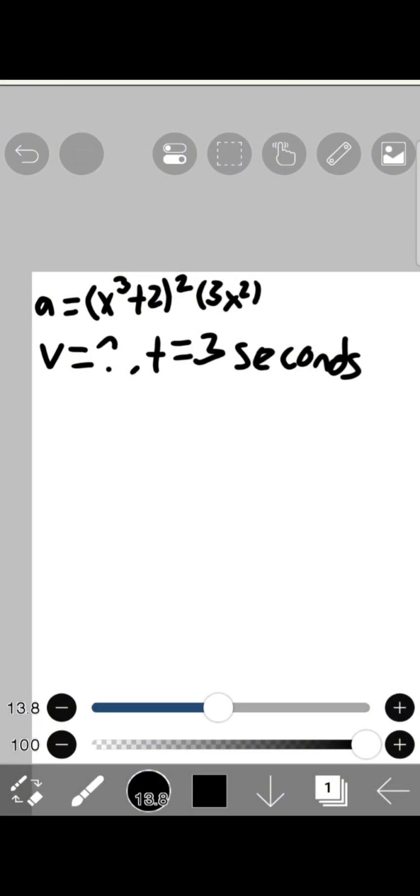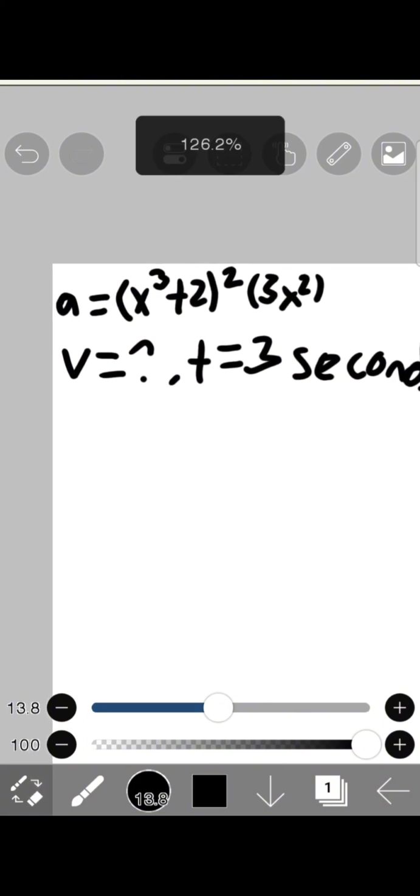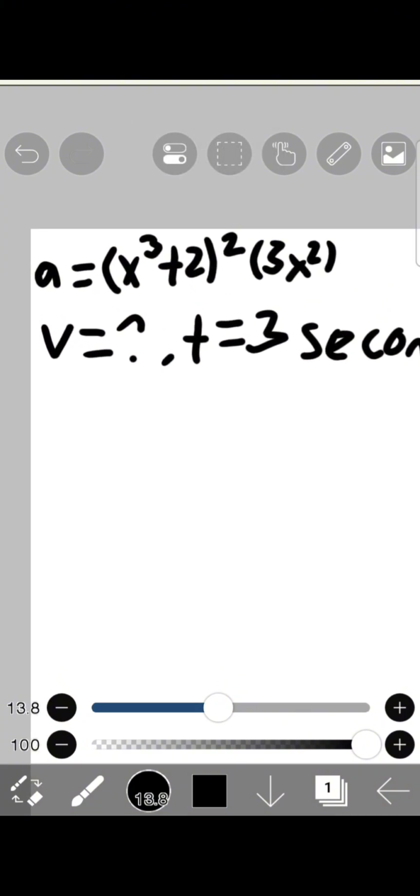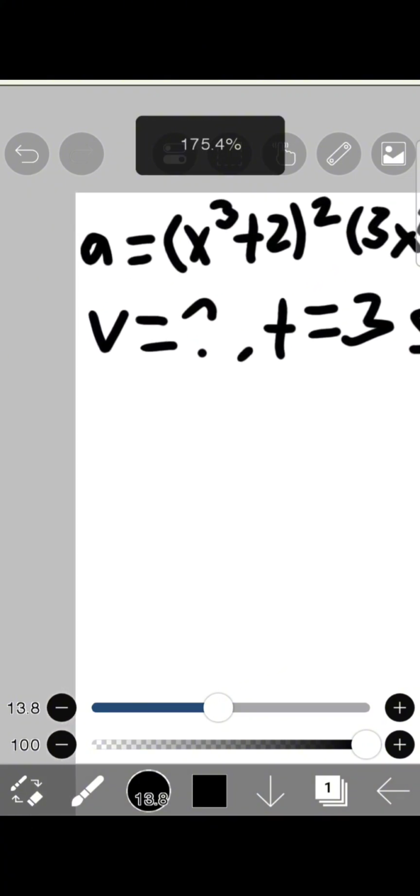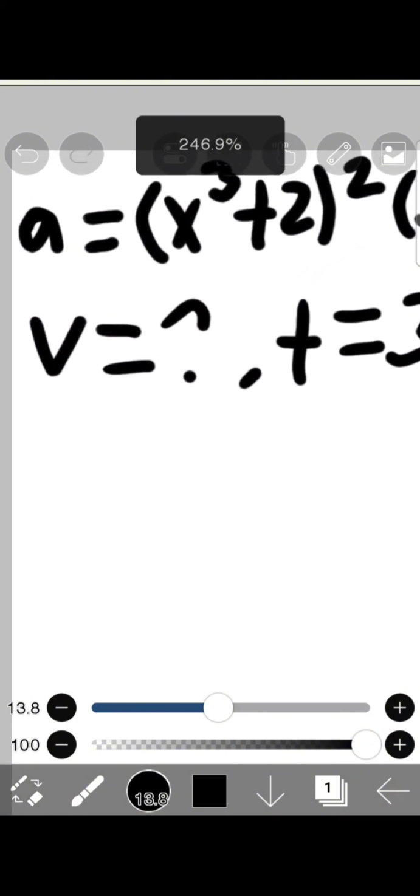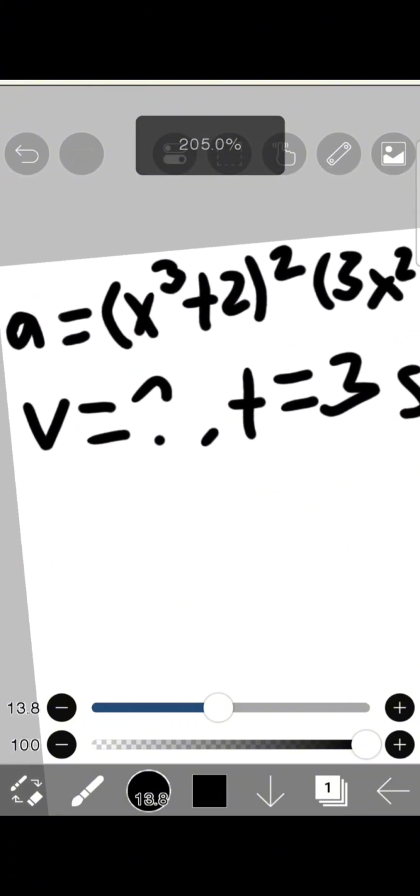Right, so we were asked to identify the equation of the velocity if we have this acceleration function, which is the quantity of x cubed plus 2, squared, multiplied by 3x squared.